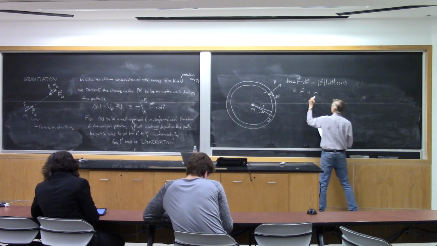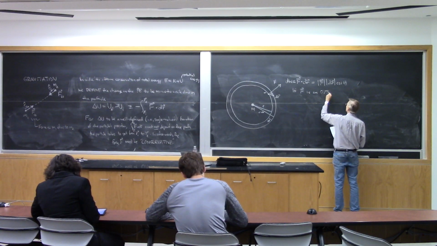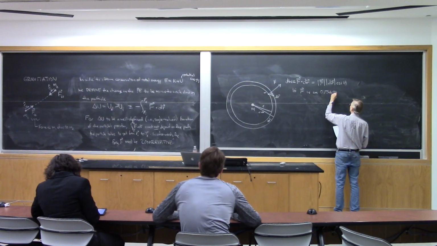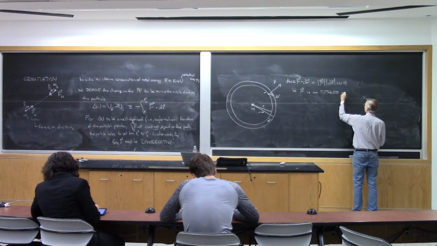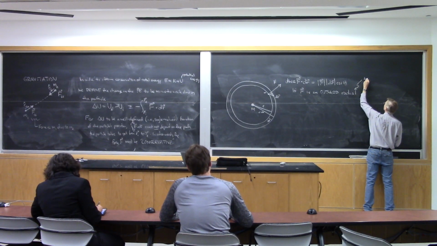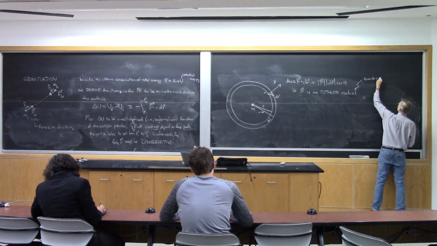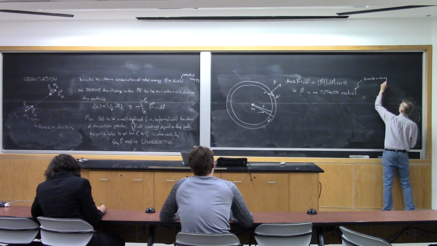And we'll note that if that force on the particle is an outward radial force, radial just means towards or away from the force center, the thing that's exerting the force.